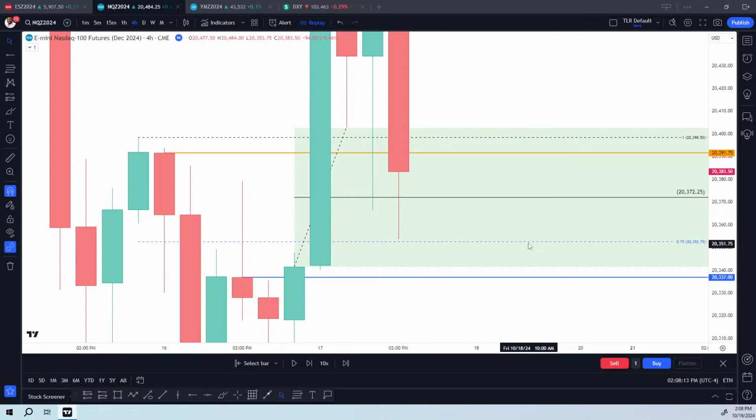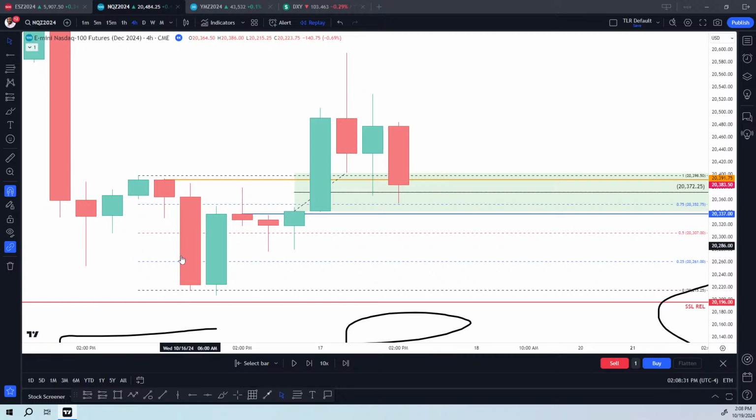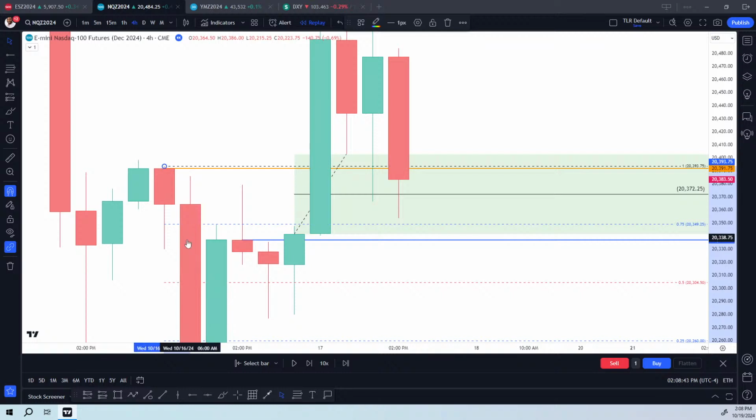We got one annotated here, two annotated here, these discount PD arrays that we're looking at. So that's one there, the upper quadrant of that order block. That's two there, the opening price of the propulsion block.